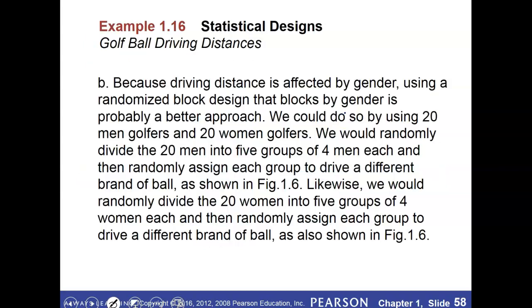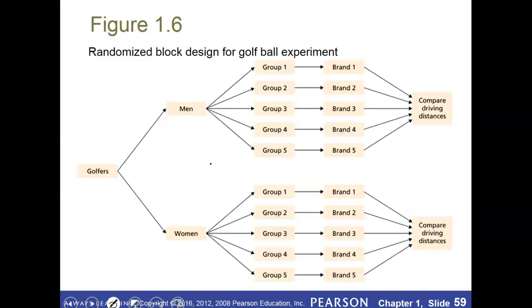That would be different if we also wanted to see how it was affected by gender. If we were doing this same experiment but wanted to see how it affected each gender, we would take 20 women golfers and 20 men golfers. Before, we just divided the golfers into 5 random groups, 8 people in each group.